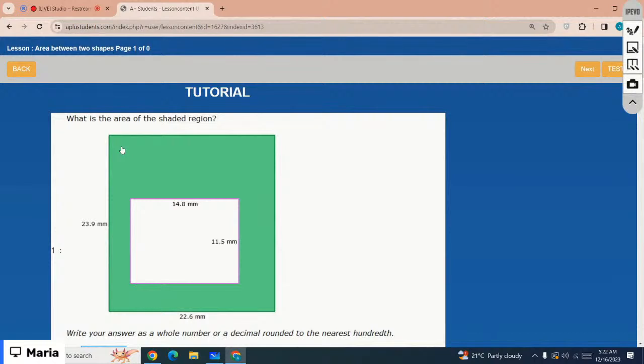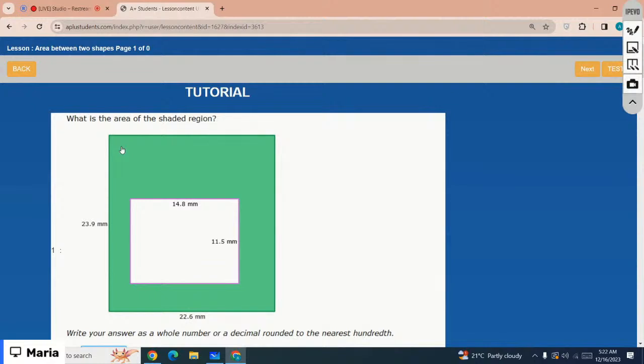This way you can get the area of the shaded region only, right? So if you have the area of the larger triangle, you can subtract the area of the white triangle, right? This way you will get the area of only the shaded region, right?